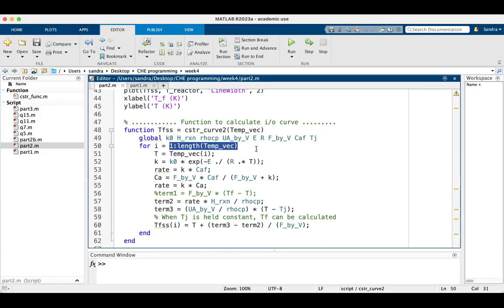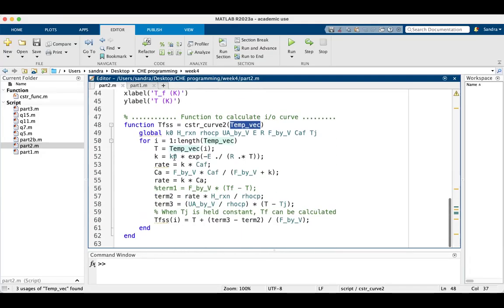So that will be the number of times the loop will be running for you. Now we have a loop running, and then you have the temperature that has been given to you, that is the reactor temperature. That will keep on changing depending on the loop iteration.